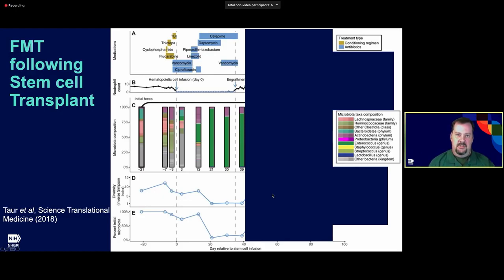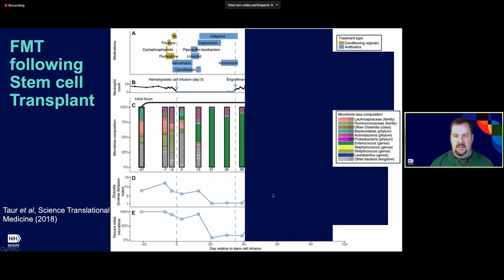They received a lot of different conditioning regimens, and then a whole lot of antibiotics, which completely disrupts the microbiome. By the middle of the slide, the microbiome of this individual is almost completely this shade of green, which is Enterobacteriaceae, which is not the natural state of the microbiome.